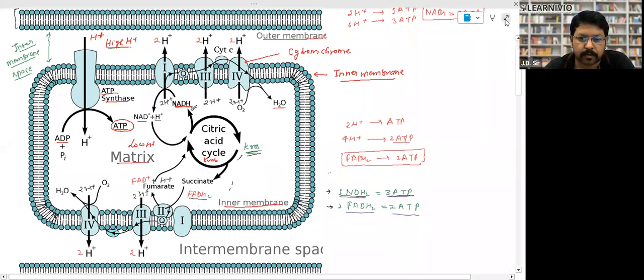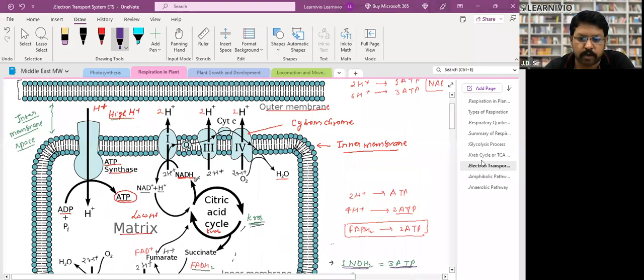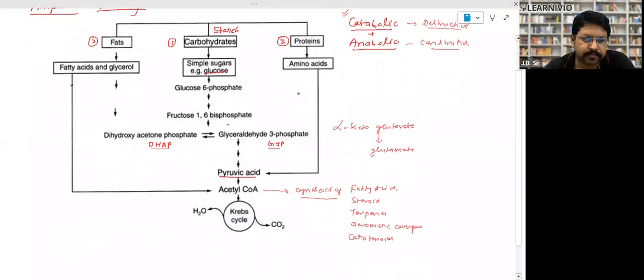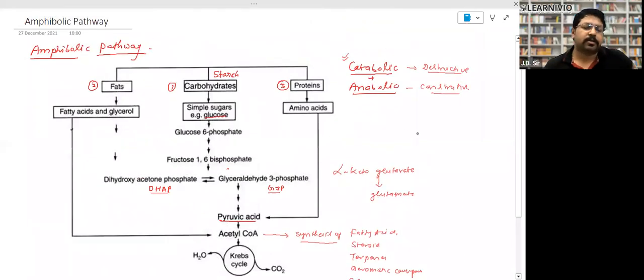Look, now what is the amphibolic pathway? In the amphibolic pathway, I have told you the substrate can be of three types. It may be carbohydrate like starch, it may be fat, it may be protein. When the carbohydrate breaks down, normally the substrate is carbohydrate, meaning sugar.